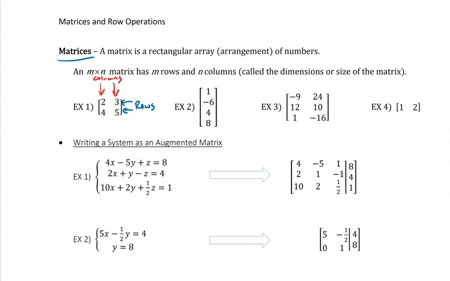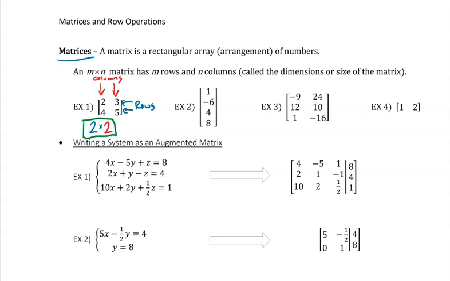Each number is an element. For these first ones, we're just going to be figuring out the size of each of these. So for example 1, since it has 2 rows and 2 columns, we say its size is 2 by 2.